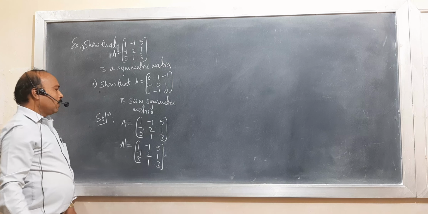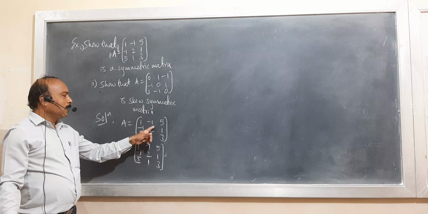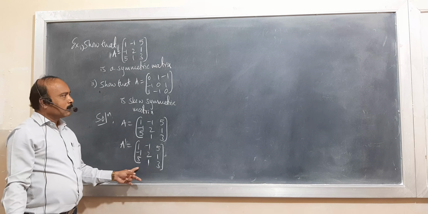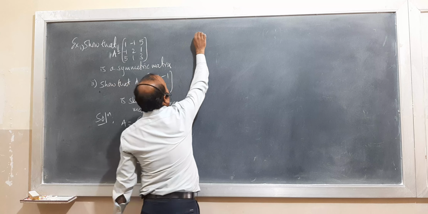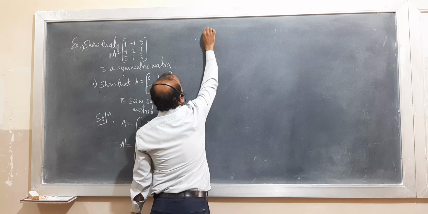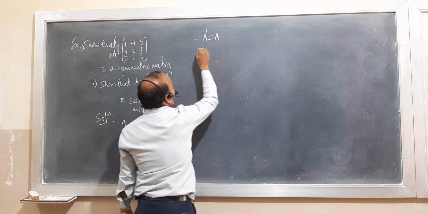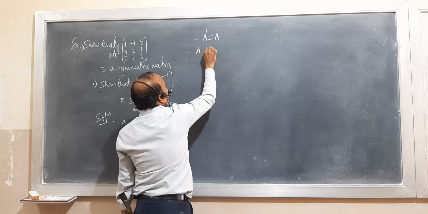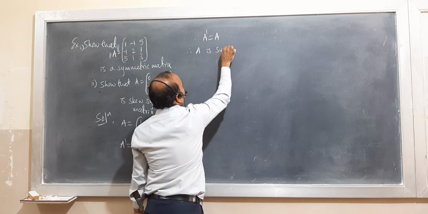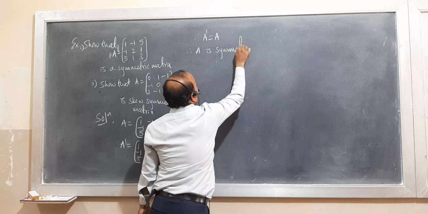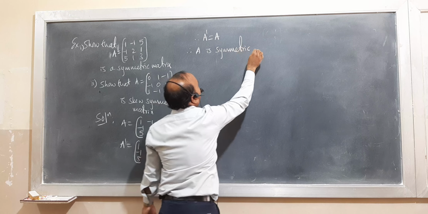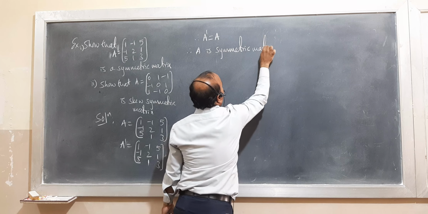Now we observe that both A and A dash are equal. Therefore we write A equals A dash, or A dash equals A. Therefore here A is a symmetric matrix.